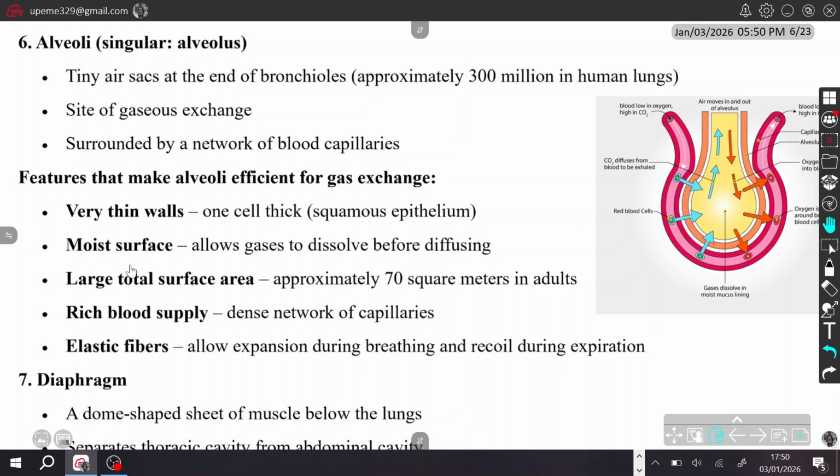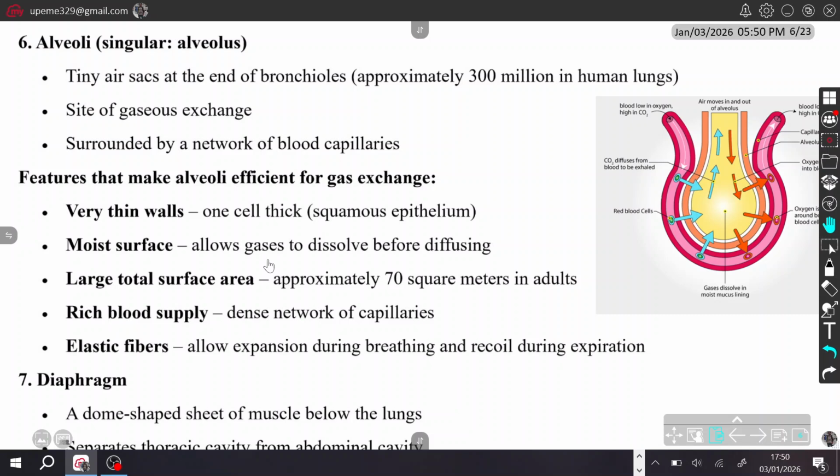Number two, moist surfaces. The surfaces inside there are moist, or wet. That allows gas to dissolve before diffusing. So gas, before it diffuses into the blood, has to dissolve. Then number three, large total surface area.